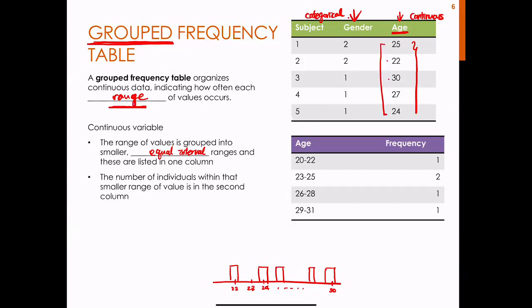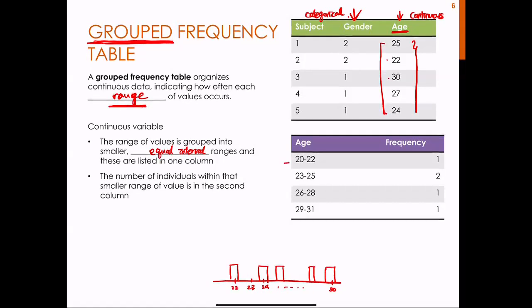So I've taken the age variable here and I've broken it up into 4 subgroups: 20 to 22, 23 to 25, 26 to 28, 29 to 31. Now it's important that each of these have equal intervals.